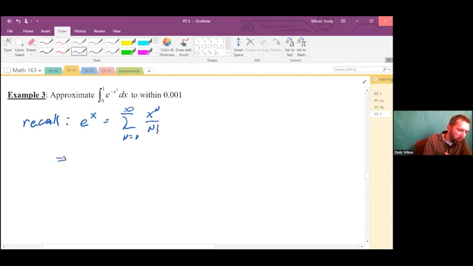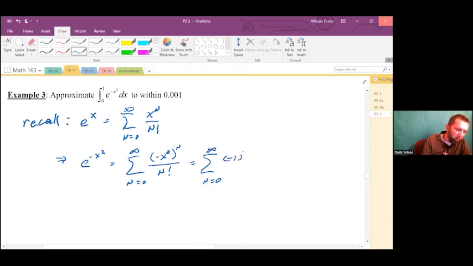So this tells us that e to the negative x squared will equal the sum from n equals 0 to infinity of negative x squared to the nth power over n factorial, which could also be written as the sum from n equals 0 to infinity of negative 1 to the n, x to the 2n over n factorial. So we have an expression for e to the negative x squared.